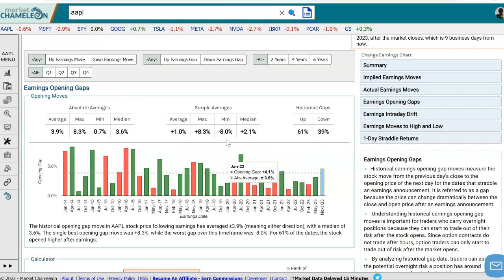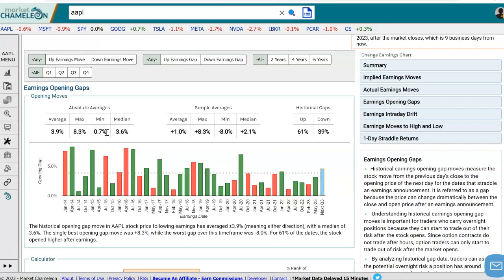Here we have the summary stats, and then we have the data in a table format so you could visually see the magnitude of the moves. These bars represent the magnitude of the move. A green bar indicates that the move was positive at the open. A red bar indicates that the move was down at the open.